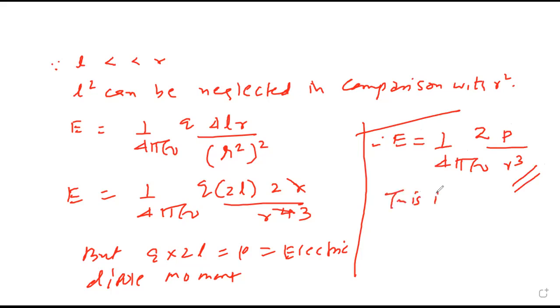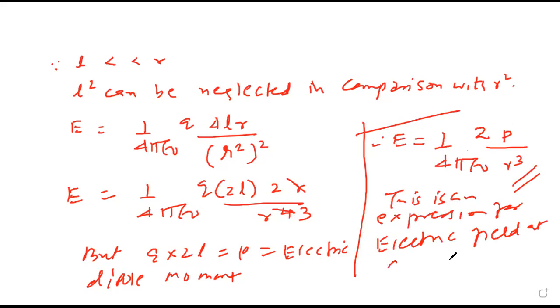This is an expression for electric field at any point on the axis. Therefore, E bar will be 1 upon 4 pi epsilon 2 p bar upon r cube.